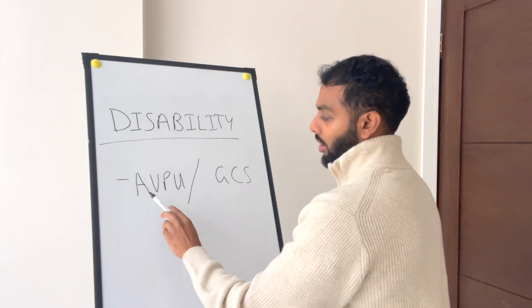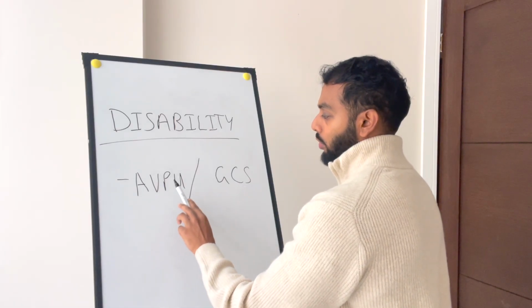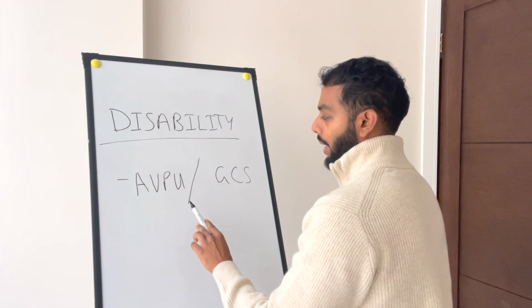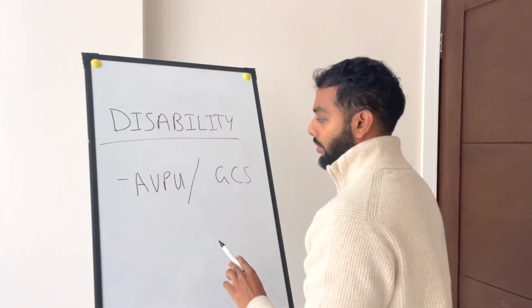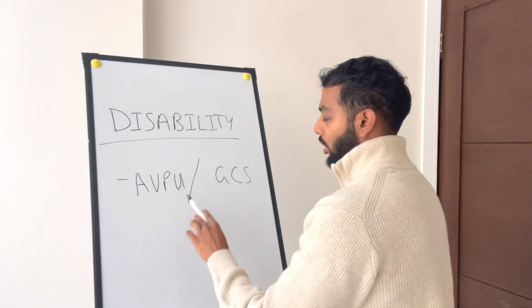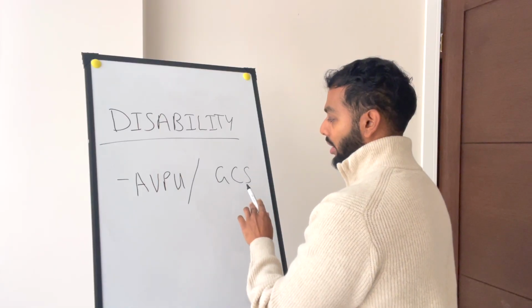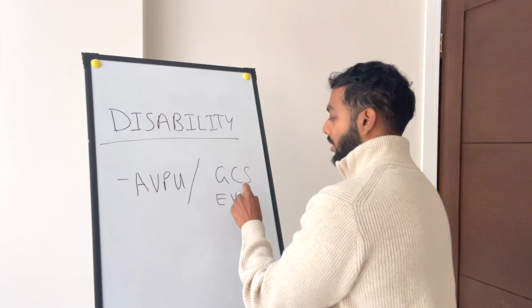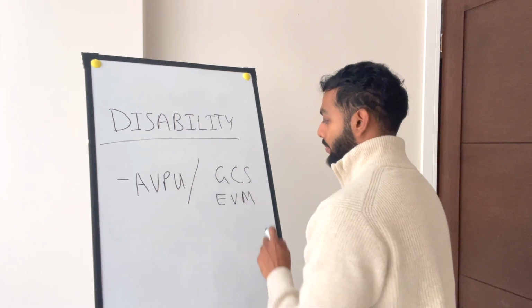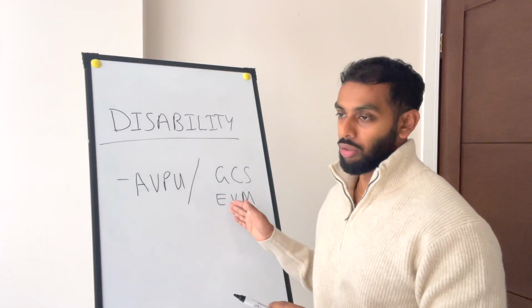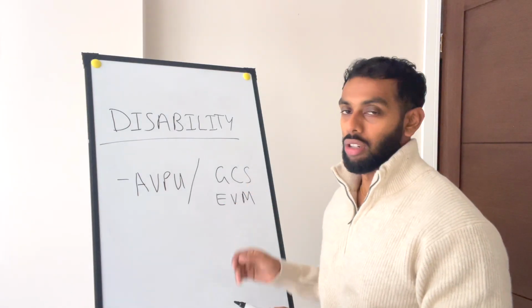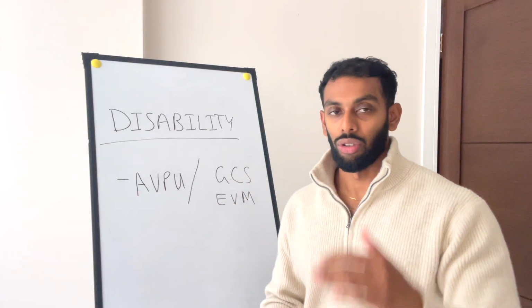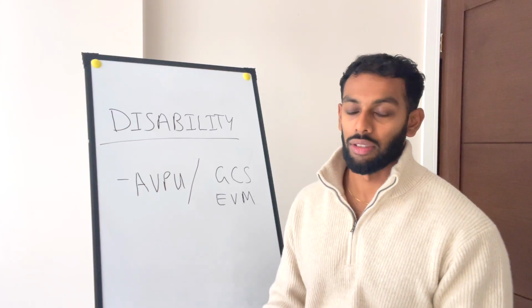AVPU is alert, responding to voice, responding to pain, unresponsive. So that is a quick one to do. And then GCS is the other one where you look at eyes, voice, and movement. But I won't go into too much detail about that. You can just look up GCS on Google and you can see exactly the scoring system for that.